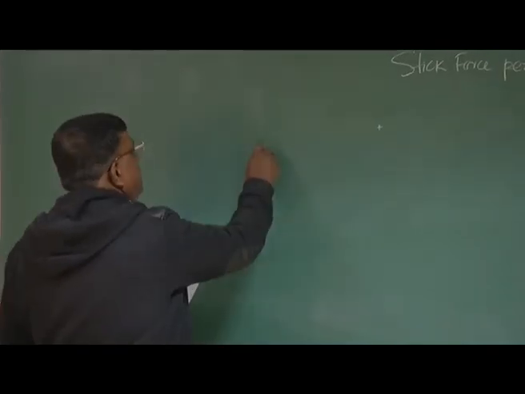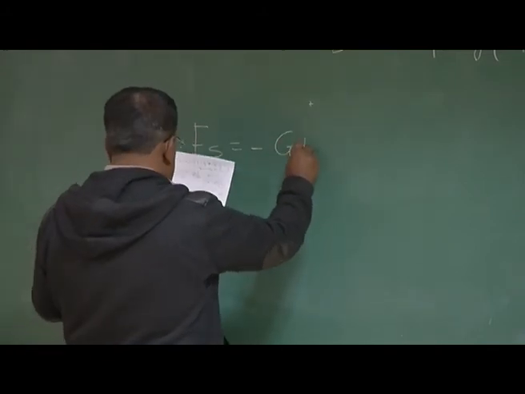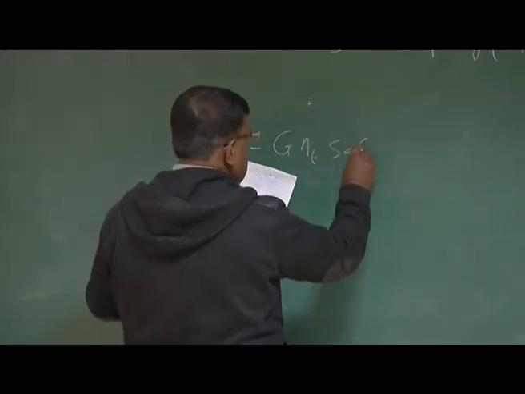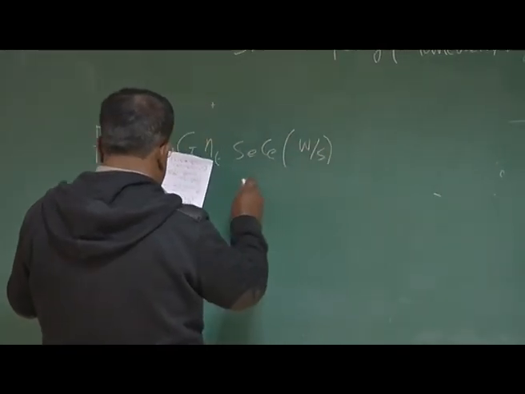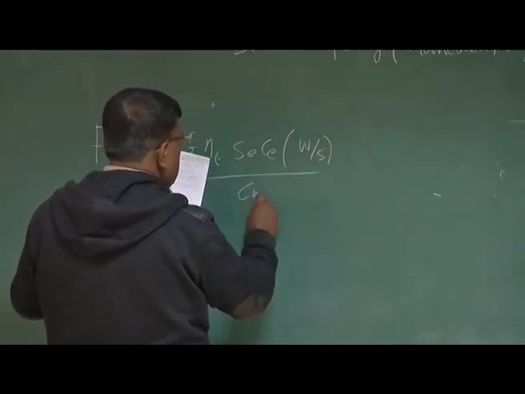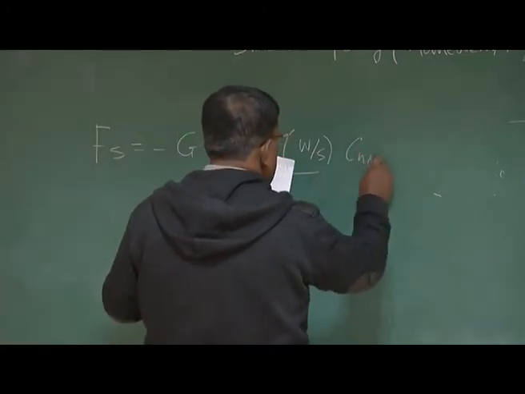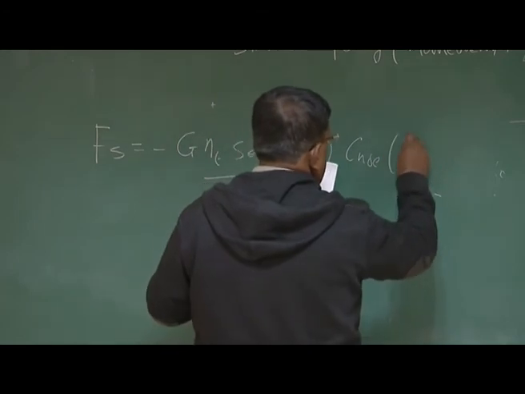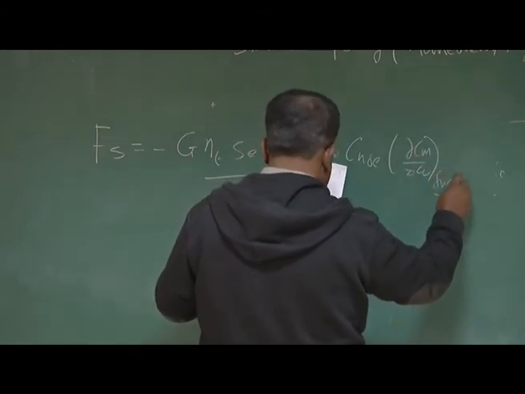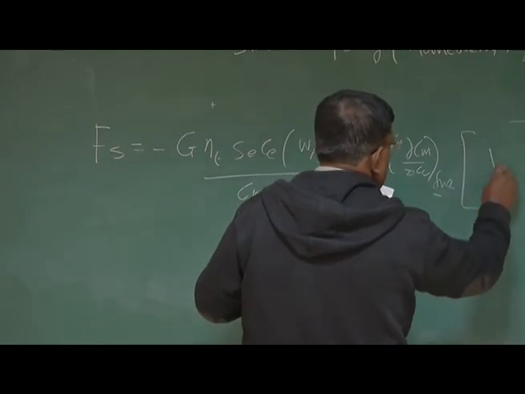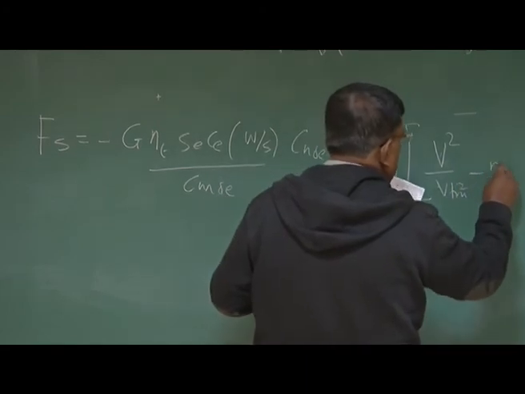So we will get an interesting expression: Fs equal to minus G eta T AC C W by S Cm delta E over Ch delta E into dCm by dCl free into V square by V trim square minus n.